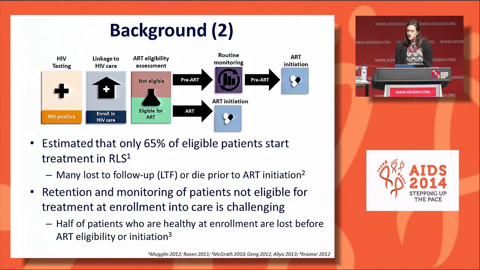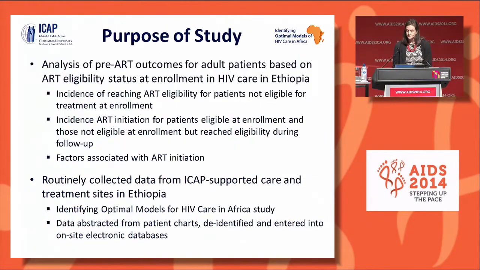We know that only about 65% of patients who are eligible for treatment in low-resource settings are initiating ART, and many are lost and die before they can start treatment. Retention and monitoring of patients who are healthy at the time of enrollment is challenging for programs. About half of patients who are healthy at the time of enrollment are lost before they reach eligibility.